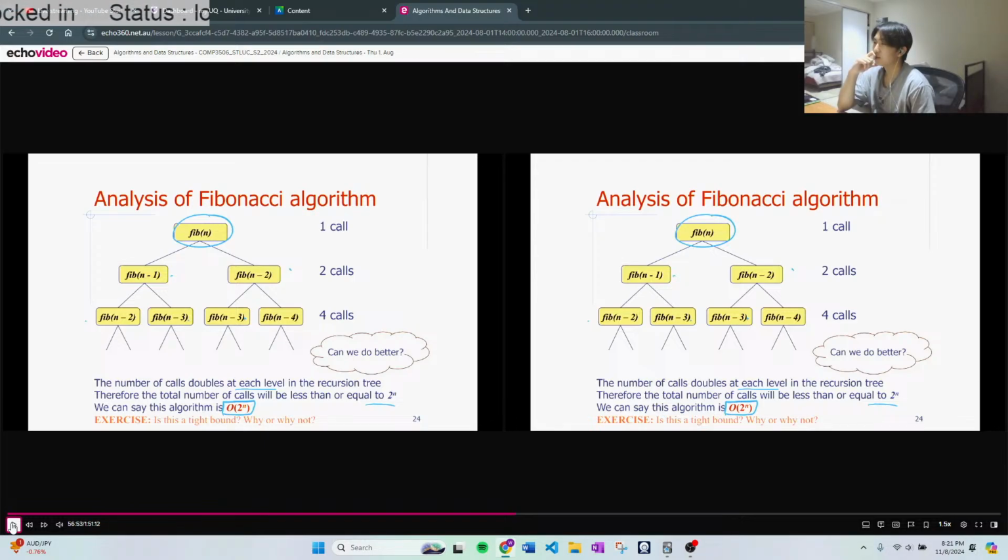Tight bound means that it should be, right? Because it's binary.